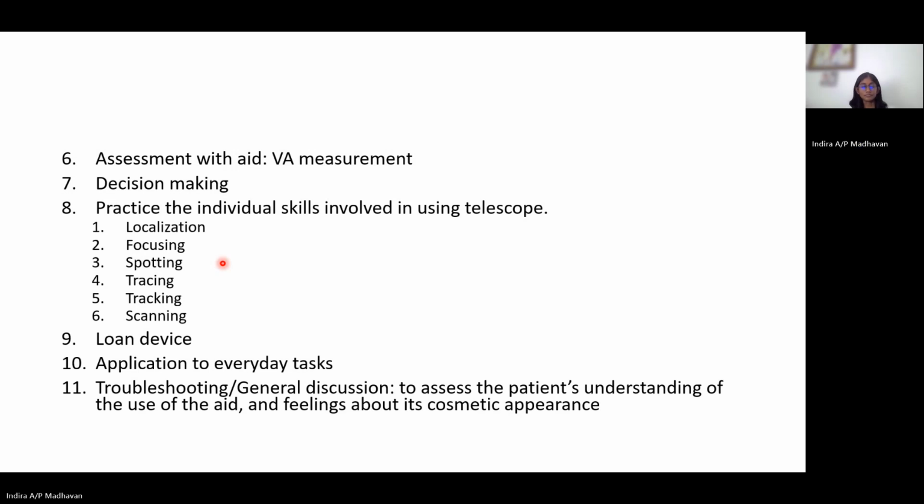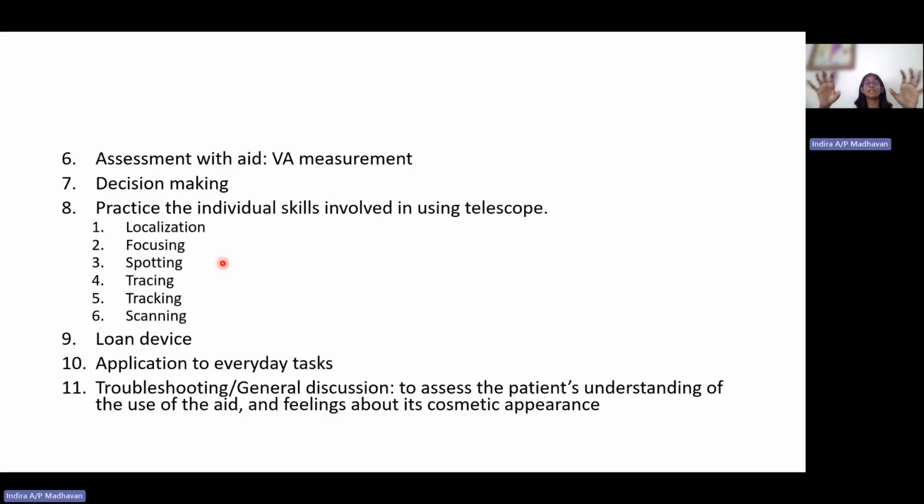So how do you actually make the decision? It is based on the patient's response and also the VA that is achieved by the patient. They work together. Although the VA is achieved, if the patient is not comfortable, no need to prescribe. If the patient is very comfortable but the VA is not achieved, no need to prescribe also.